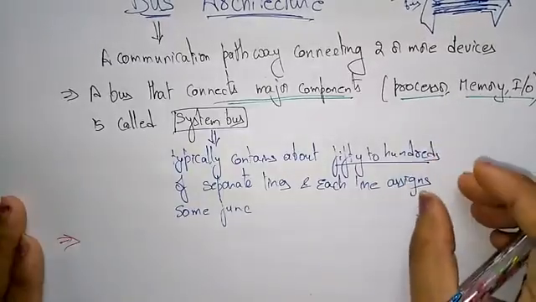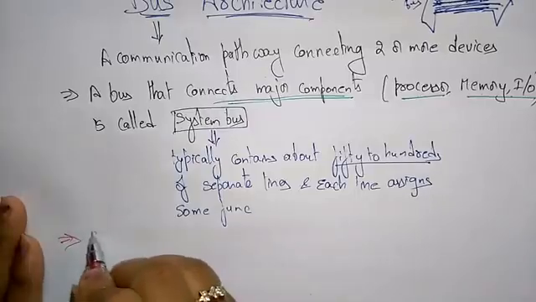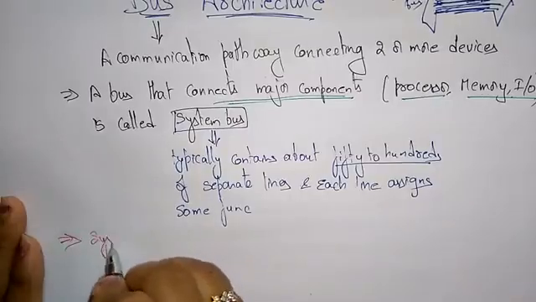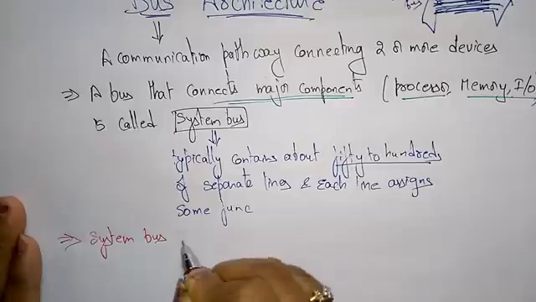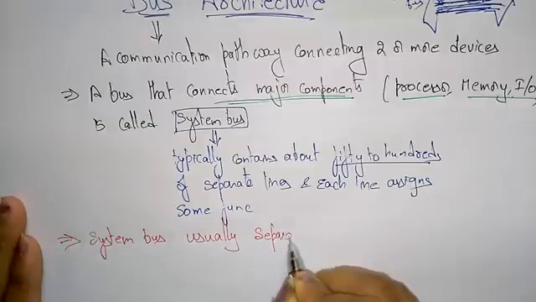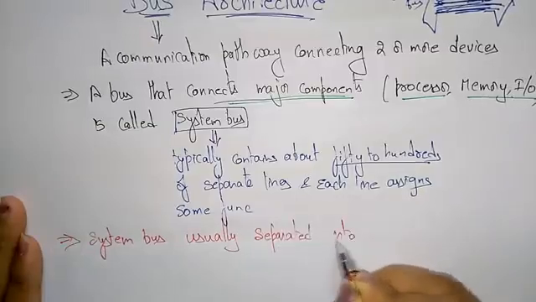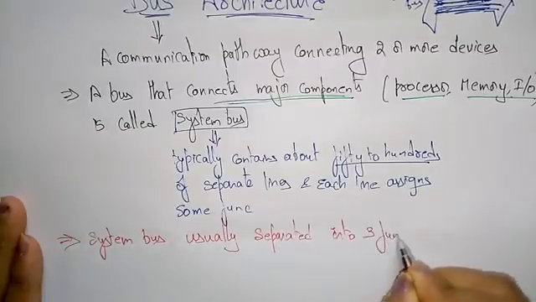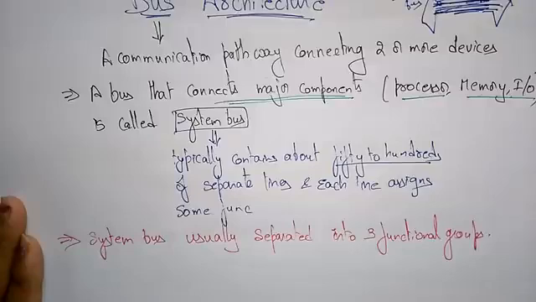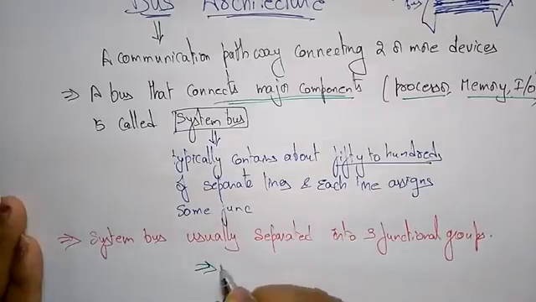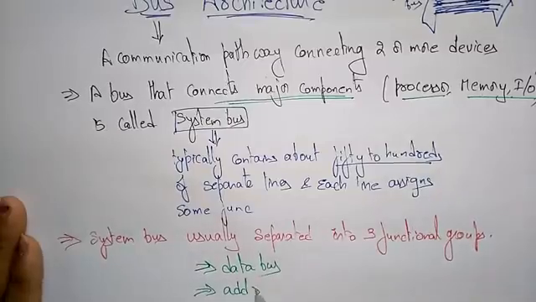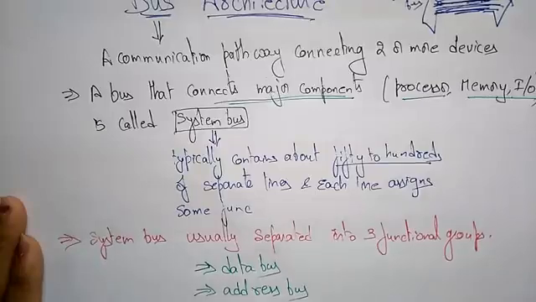And this system bus is separated into three functional groups, meaning the group of lines is separated into three functional groups. Those are the data bus, address bus and control bus.